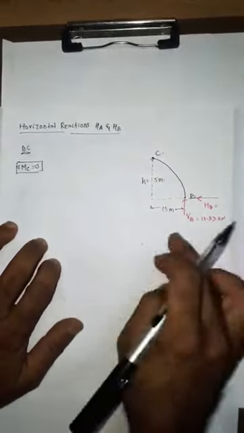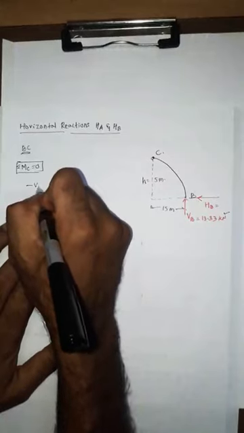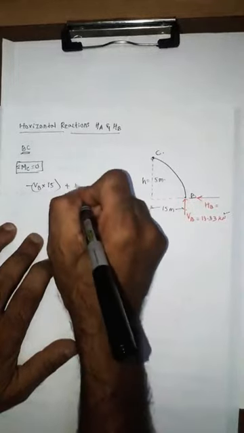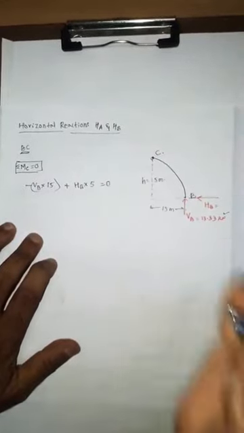Again same sign convention: clockwise is positive moment and anti-clockwise is negative moment. First we'll consider the force VB with reference to C. This will produce anti-clockwise moment, so minus VB into 15. Then with reference to C, HB will produce clockwise moment, so plus HB into perpendicular distance 5, equal to 0.